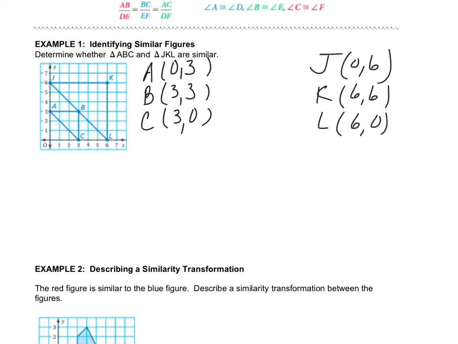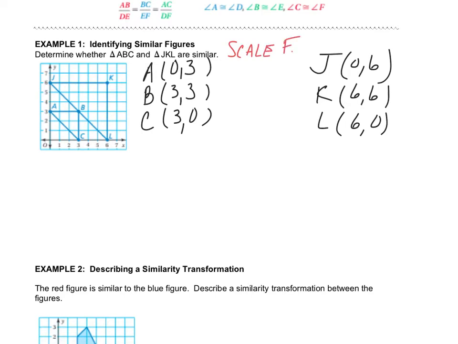So if this is a dilation, which would make this a similar figure, we should have a scale factor that would make A turn into J, B turn into K, and C turn into L. So what we want to look at is, is there a common scale factor here?